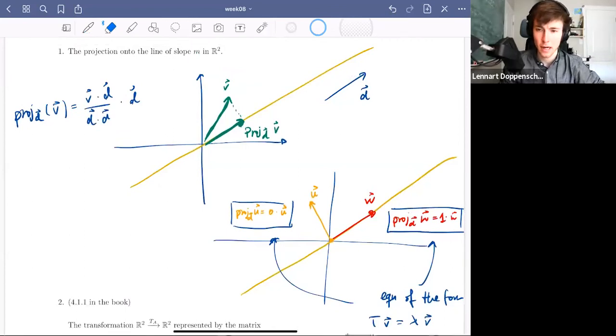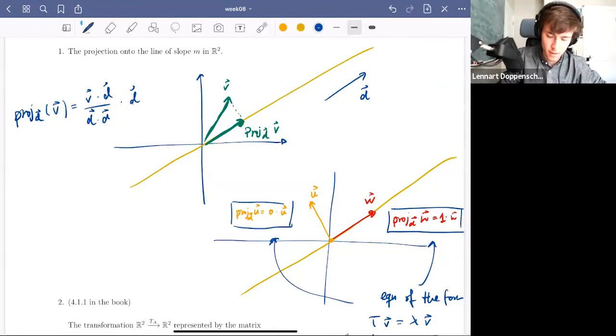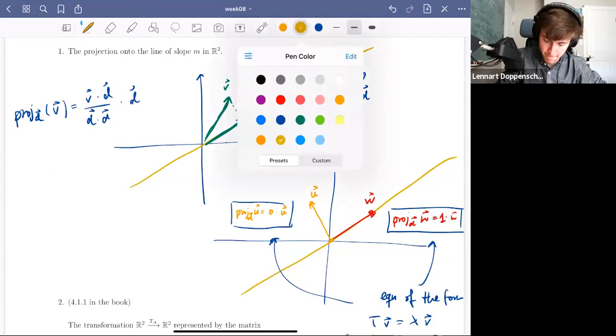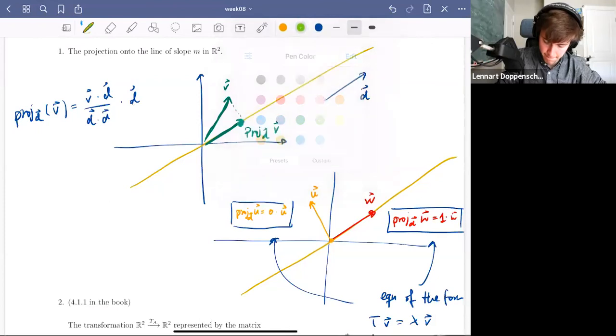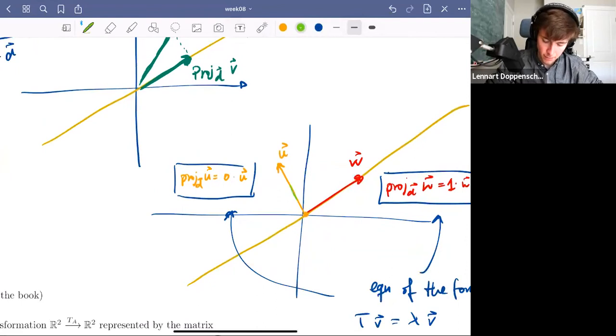Now the question is, are those the only eigenvectors I drew, or are there more eigenvectors? If you take half of U, it's a different vector. It's still an eigenvector with eigenvalue 0 because it's also squished to 0.